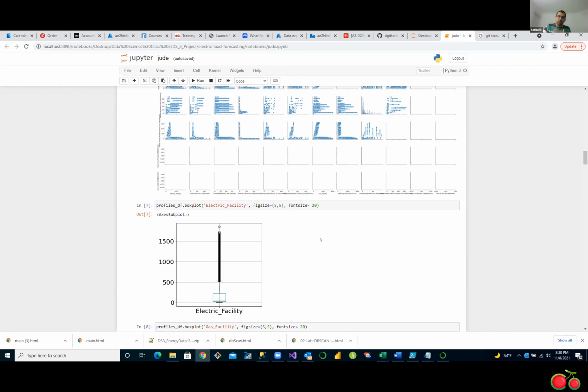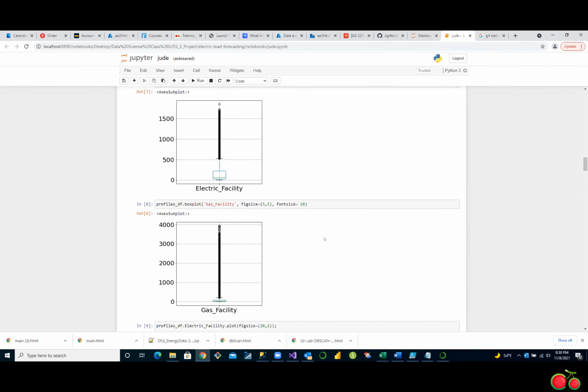Half of those values make up that tiny box. It's just that for gas facility, half of its values are between 2.2 and 84. That's the 25th percentile and 75th percentile range. For electricity, those same half of its values lie between 26 and 226.